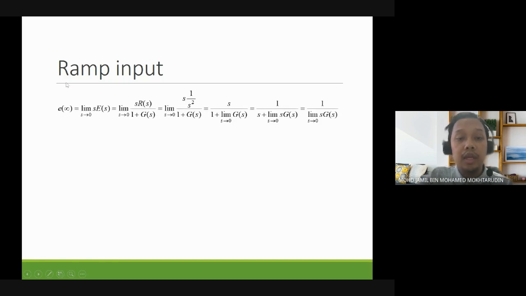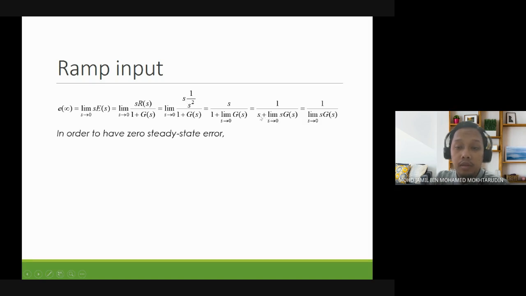So let's look at an example when your input is a unit ramp input. R(S) equals 1 over S squared. You just substitute. In order to have zero steady state error, again this limit must become infinity.